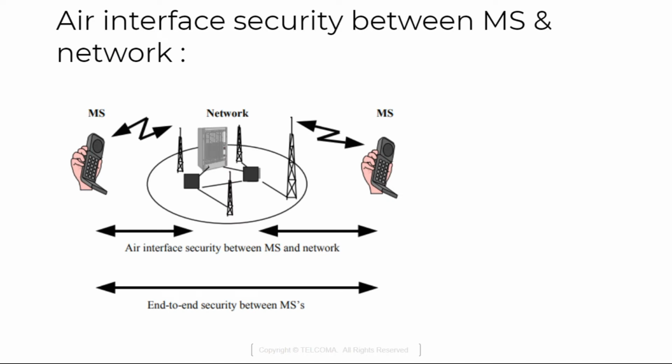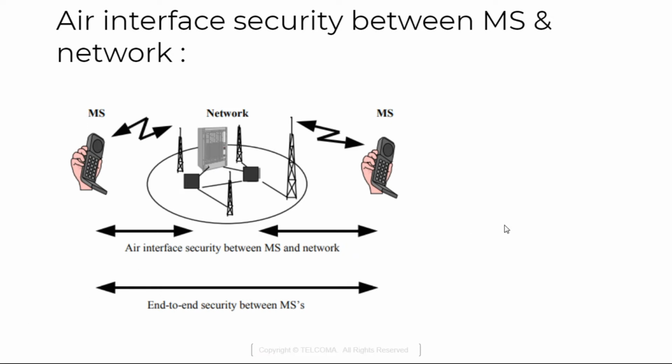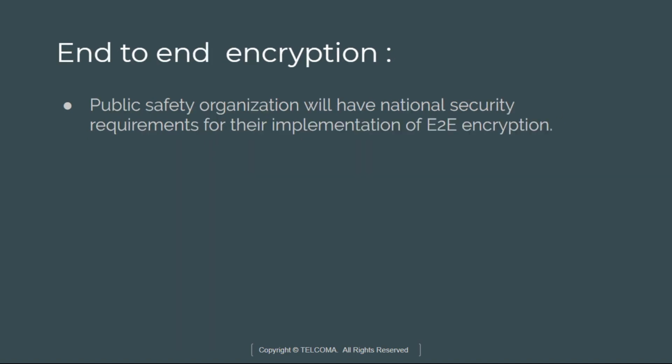Air interface security is between the mobile station and the network, and this is between these two, unlike end-to-end security. The air interface encryption is available for voice, data and direct mode operation. Use of several algorithms, both standard and proprietary, is supported in this.